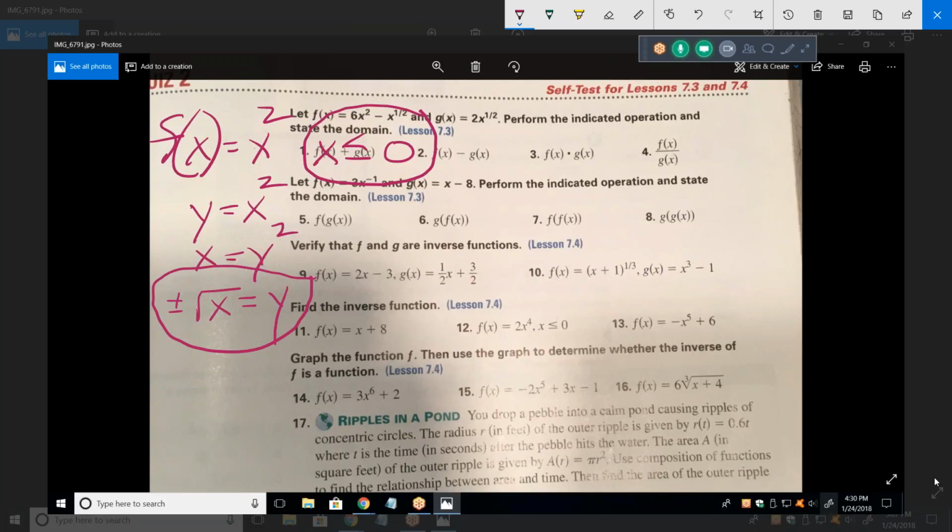When they say x has to be less than or equal to 0, that's saying the domain is restricted to negative numbers only, which tells me that when I find the inverse, it's y that has to be restricted to negative numbers only. And what that means is I don't want the plus, I just want the minus part. So f inverse of x is going to be minus square root of x.